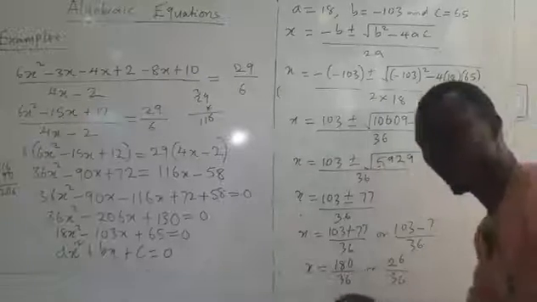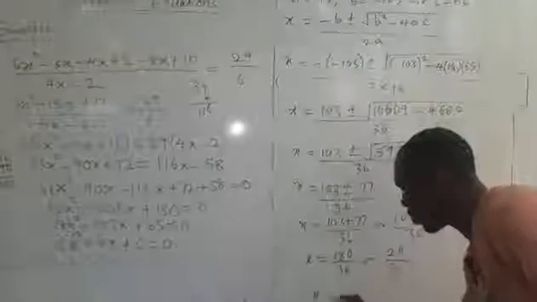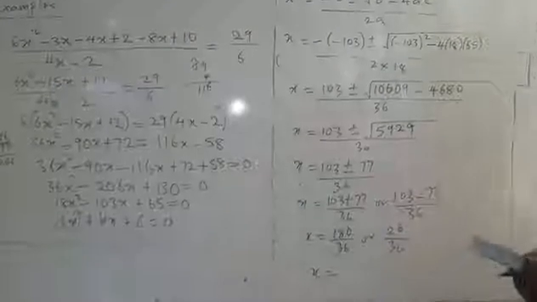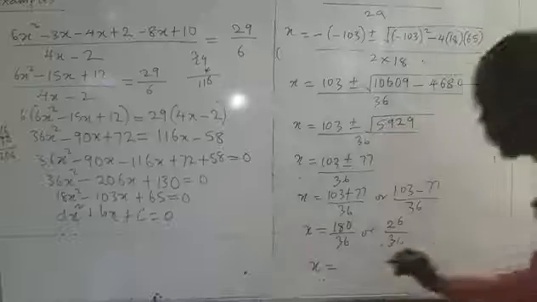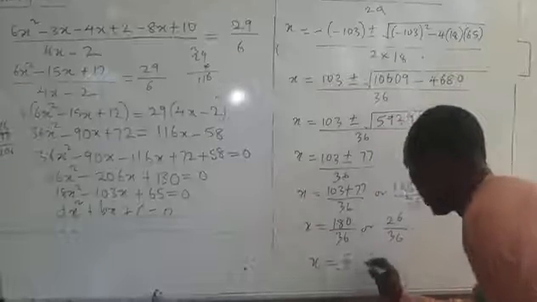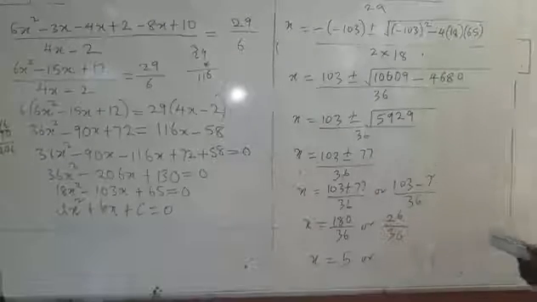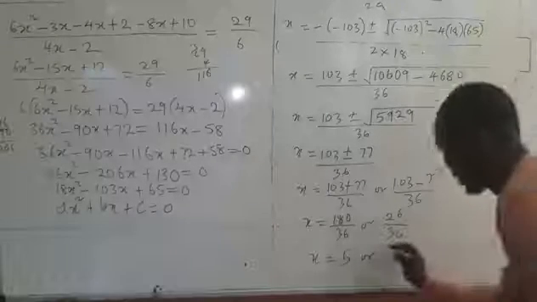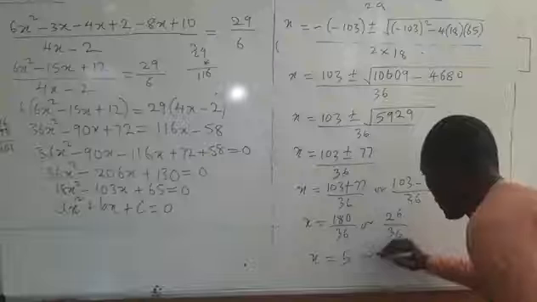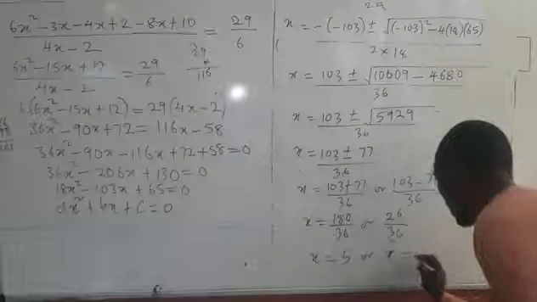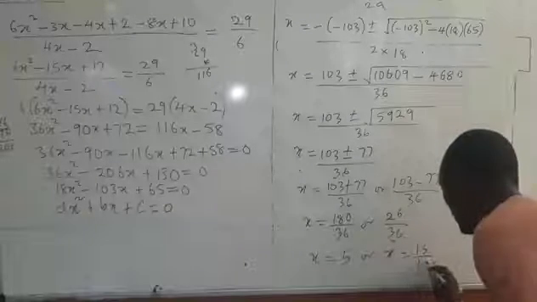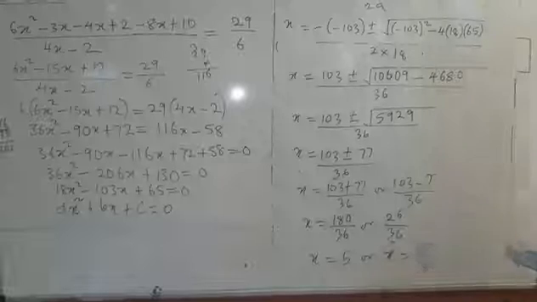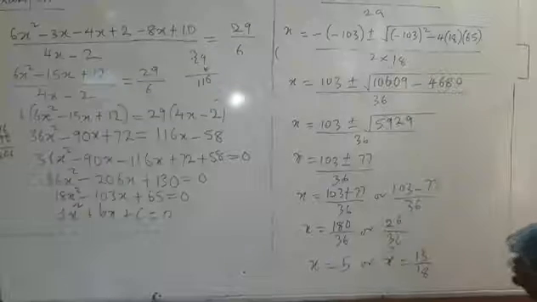So 180 divided by 36, we have 5. So the value of x is 5, or 26 over 36, which simplifies to 13 over 18. So this is the final answer to the second question.